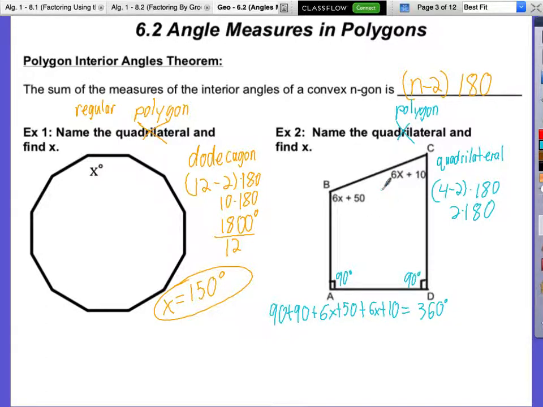So this is how we set this up originally, and then you could subtract away this 180 here, or if you catch that, you can just take 180 off right away. From here, we would solve this like a normal algebra equation.